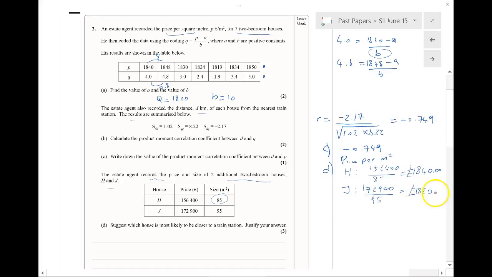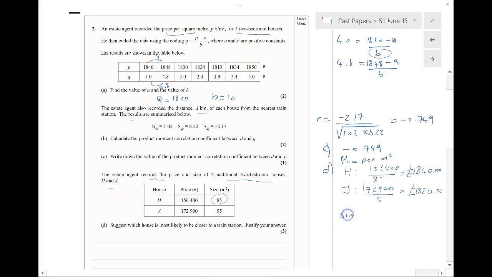Okay, so the cheaper one is J. But there's a negative correlation between them. So in other words, we're going to expect a higher price for the one that's closest.